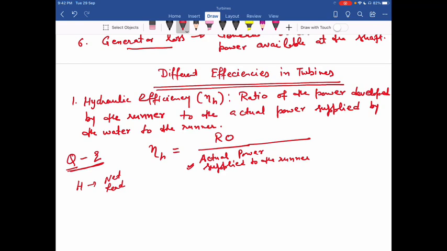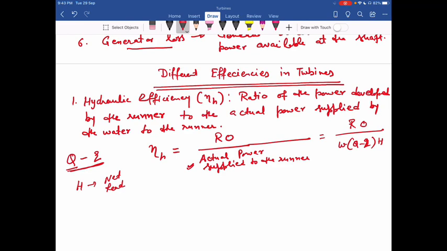So the actual power supplied is W (Q minus q) H. Small q is the leakage loss. So runner output divided by this term gives us the hydraulic efficiency.